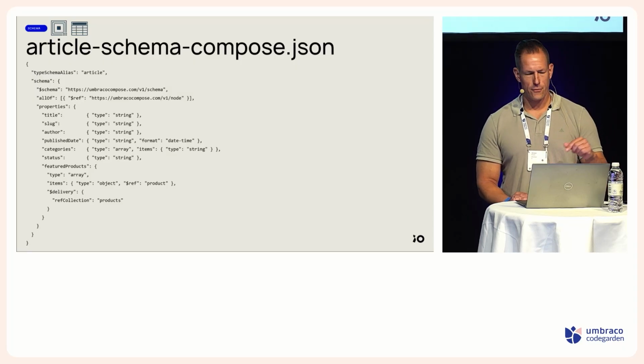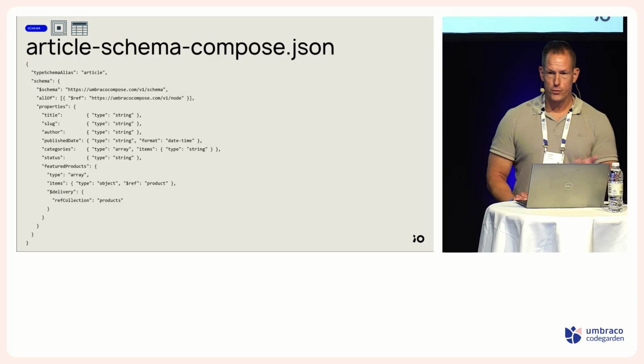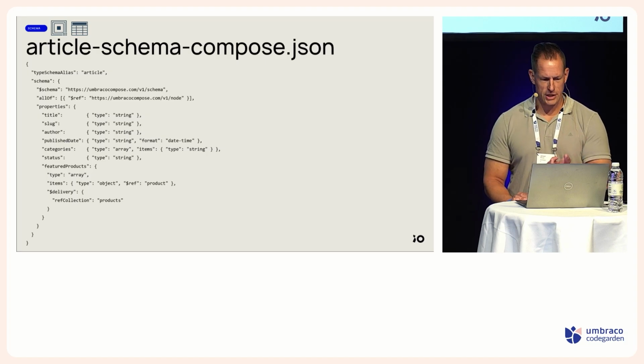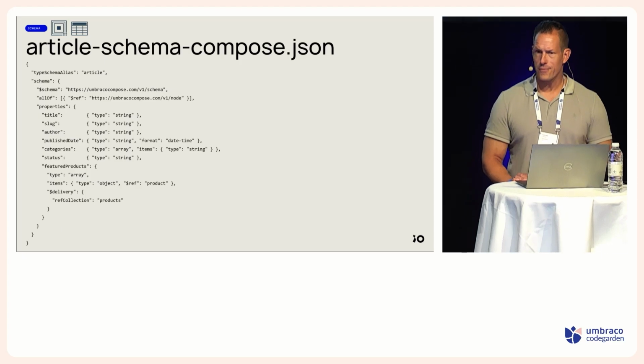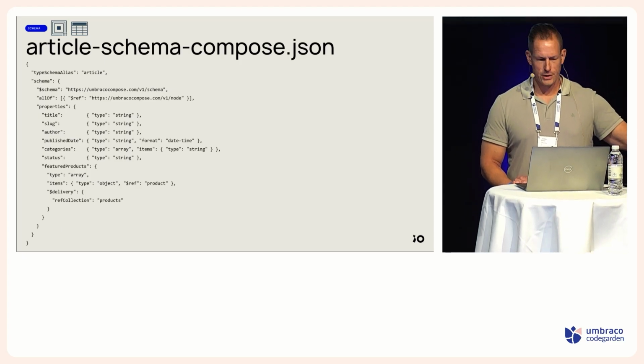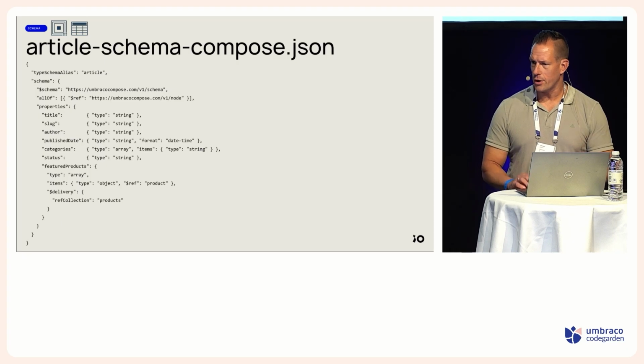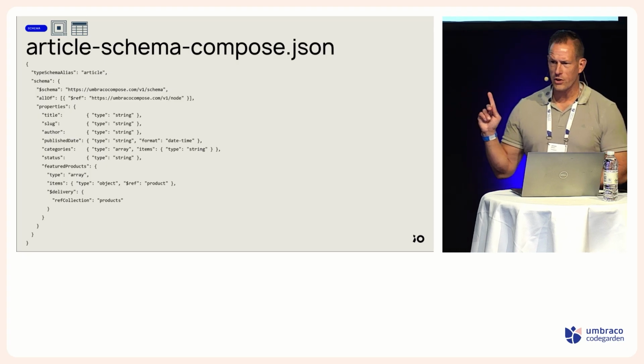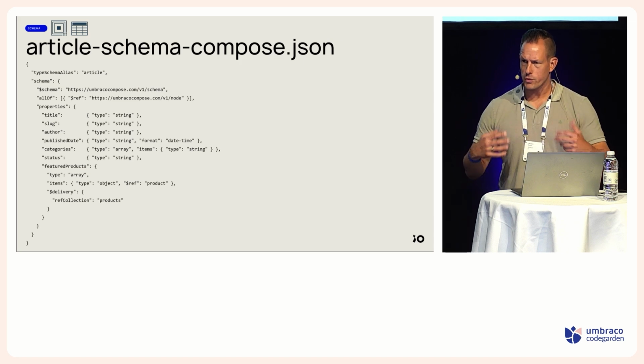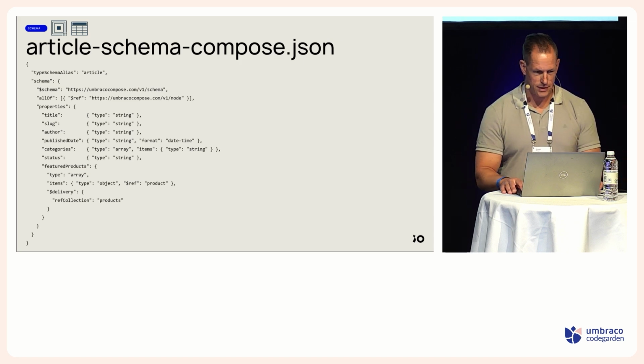But here we also have the featured products. And through the ref collection here, we can say, okay, this needs to reference the products that we just created. And we only need to store a product ID here. So that's usually how you store your keys, of course. But with this schema, we can get the cross collection at the end of the demo.